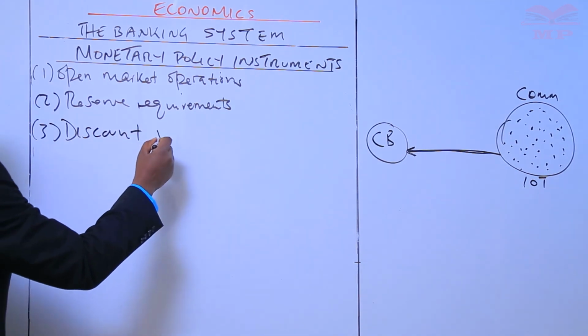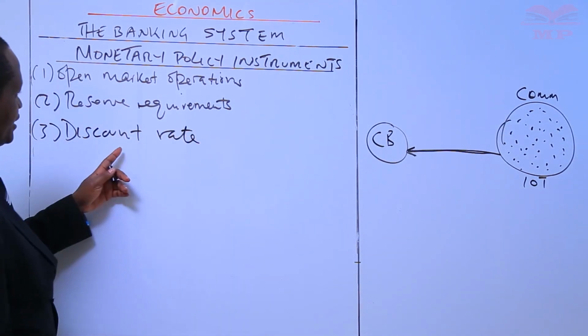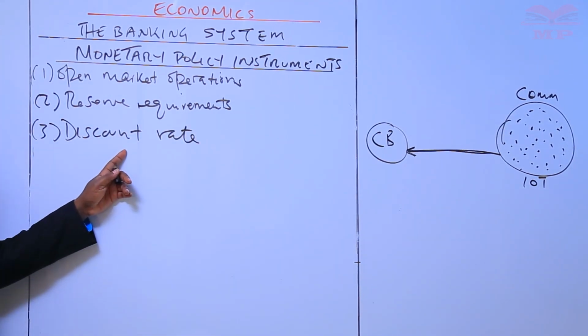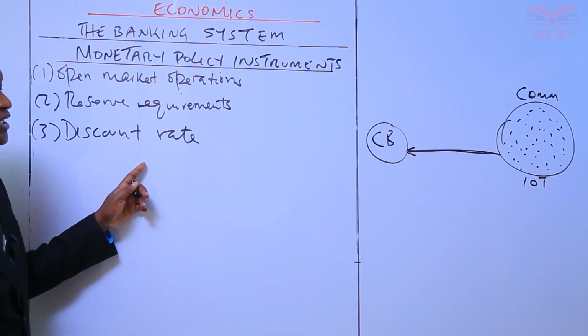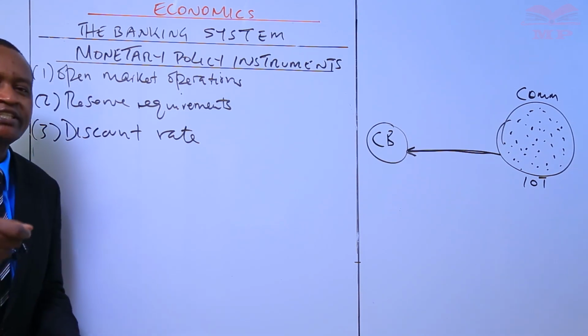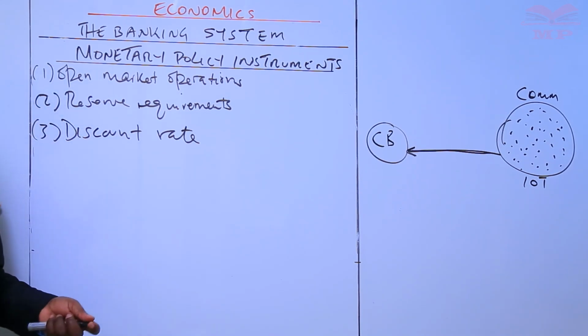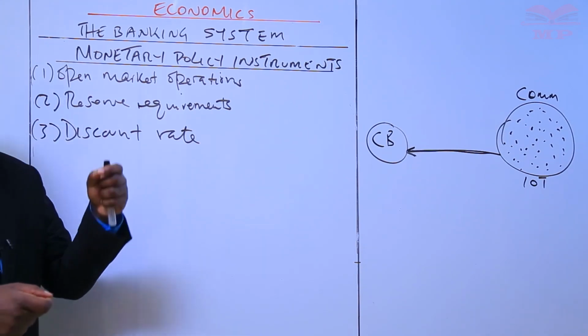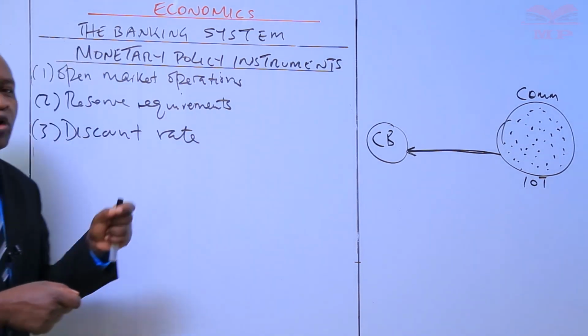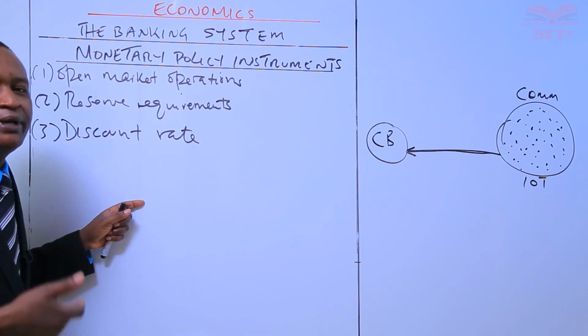discount rate. How is the discount rate a monetary policy instrument? Now, candidates, this is the interest rate a central bank charges eligible financial institutions to borrow money on a short-term basis.